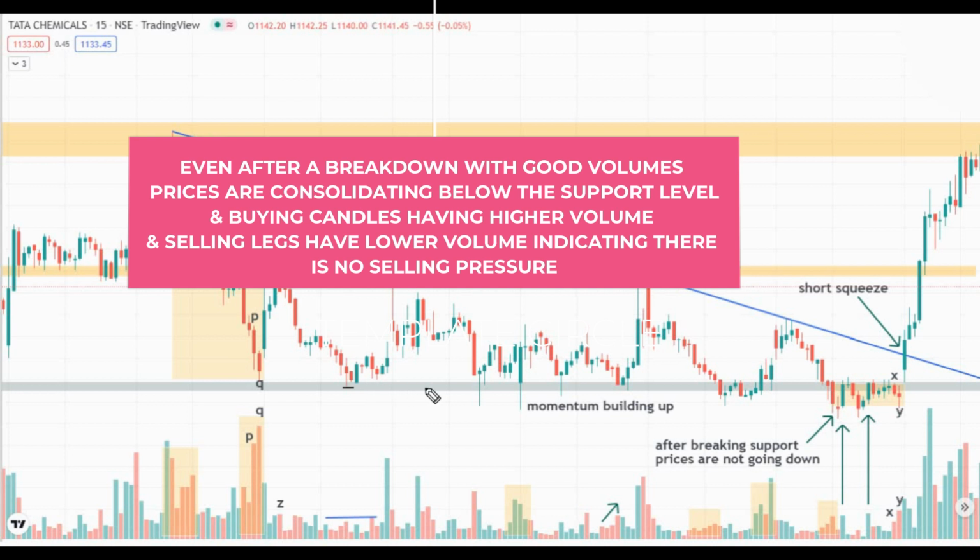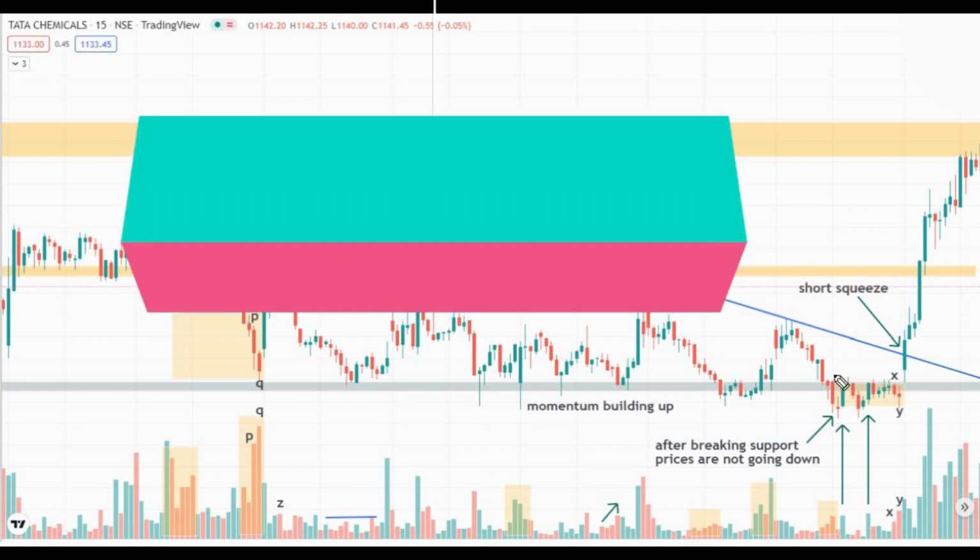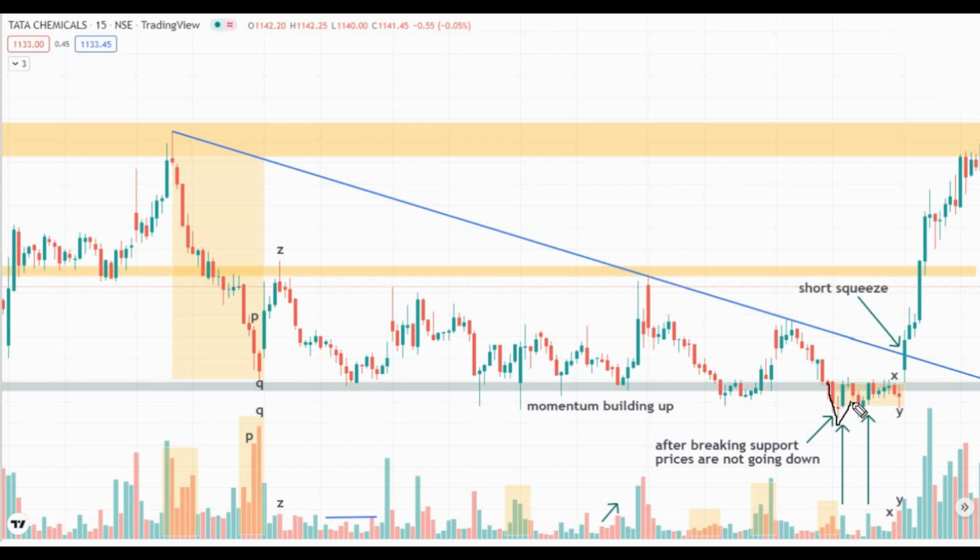Remember, if an important support level is broken, then prices should continue the downward momentum aggressively. But here, even after breaking down with good volumes, the buying legs or buying candles have higher volume, and the selling legs have very low volume. So what is this indicating?